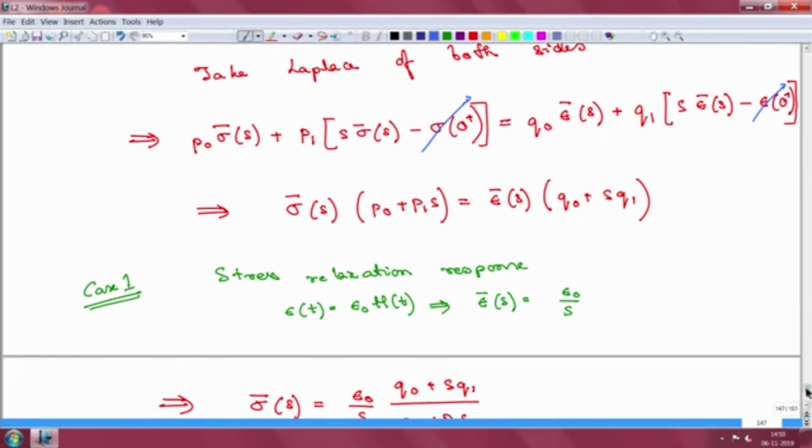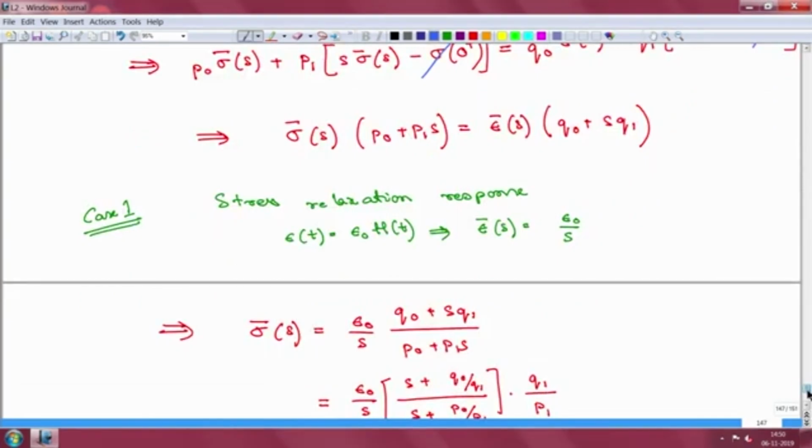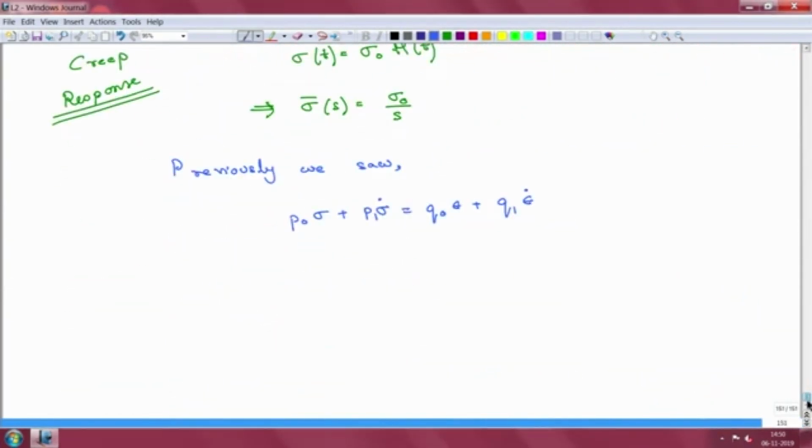So, from the constitutive equation we have sigma bar s, and this is generally true for this ordinary differential equation.